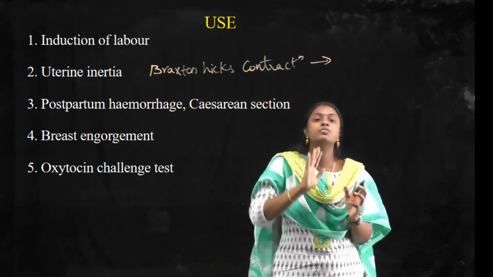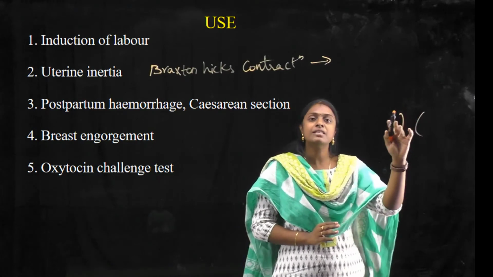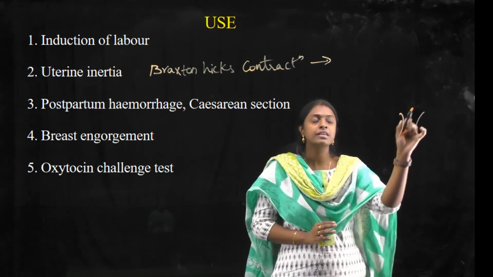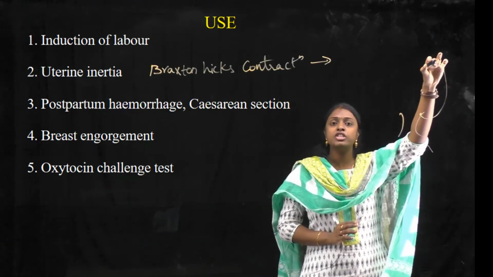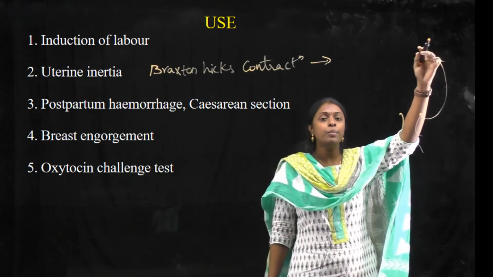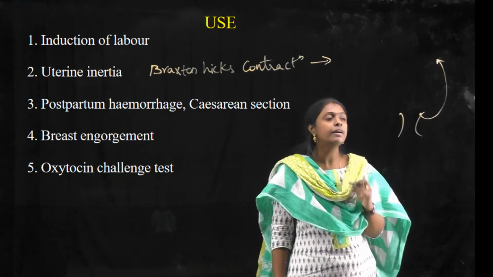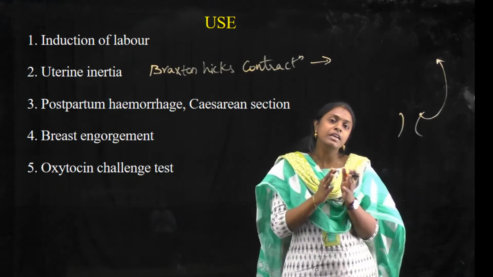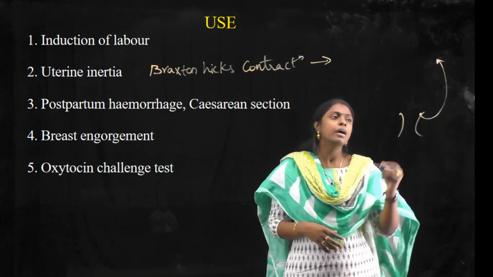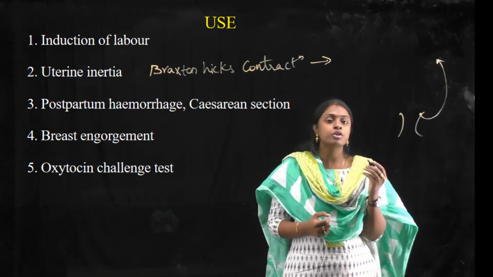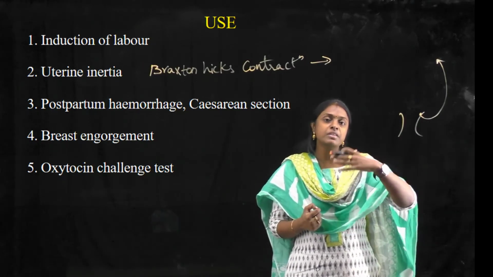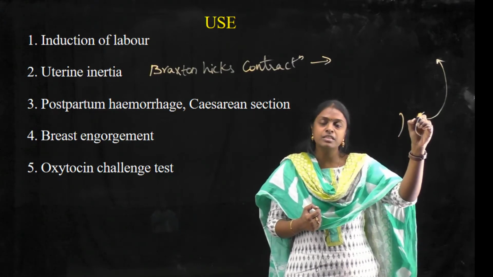What causes this false contraction? When the baby starts to push the cervix, there will be sensory neurons here which send a message to our paraventricular nuclei, isn't it? But in some conditions, after 8 months, the baby won't get sufficient space in the uterus, so it starts to kick. When the baby kicks, it will kick the cervix also.